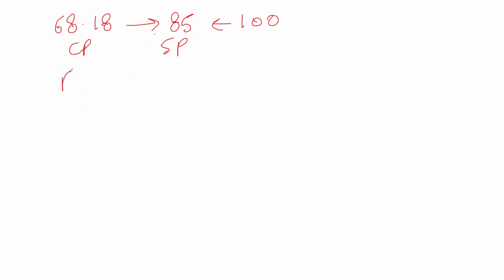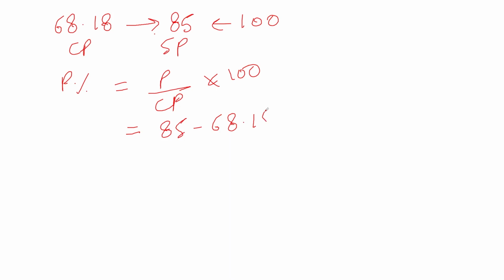I can easily calculate the new profit percentage, which will be profit upon cost price into 100. So now profit will be 85 minus 68.18 divided by the cost price, that is 68.18, into 100. So now it's time to be handy with your on-screen calculator.